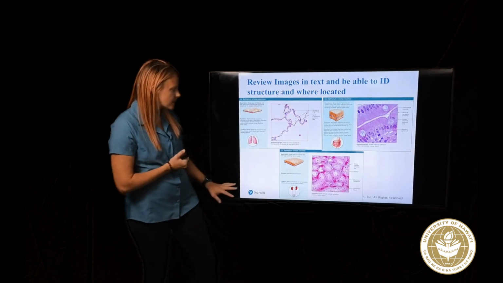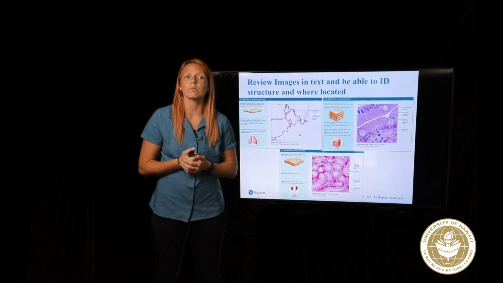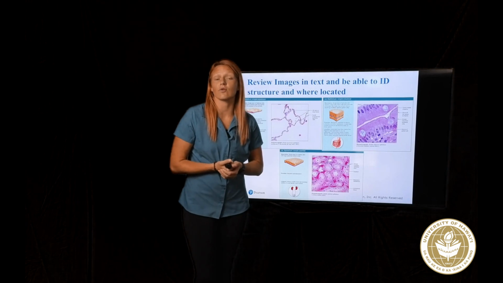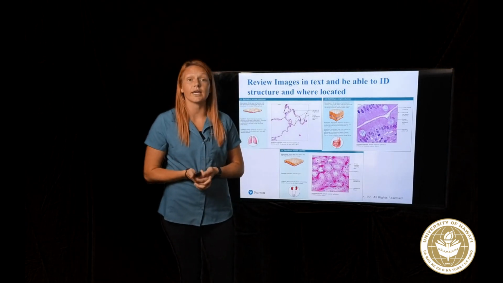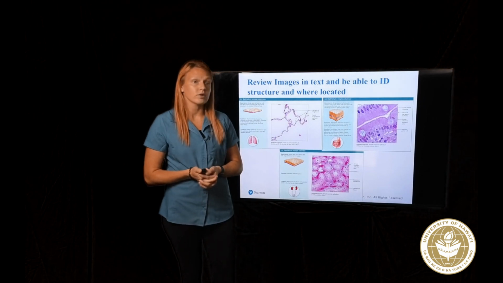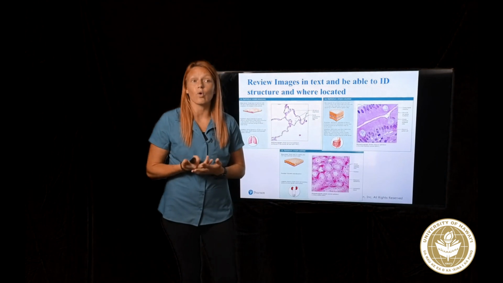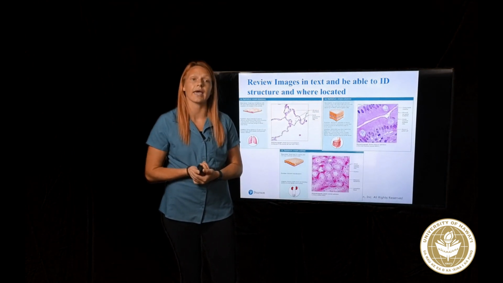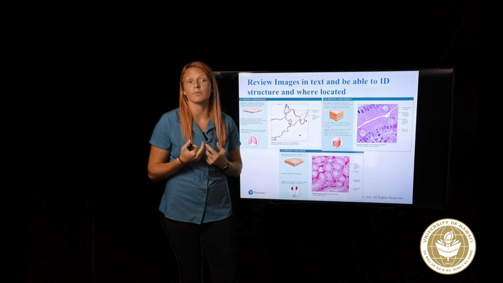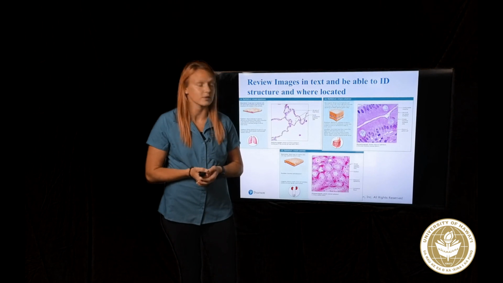Then we have simple cuboidal epithelium. So this type of epithelium is generally found in glandular, meaning secreting tissue, as well as our kidney tubules. So this epithelium is actually going to form the walls of the smallest ducts of glands, and it also forms many of our kidney tubules as well.